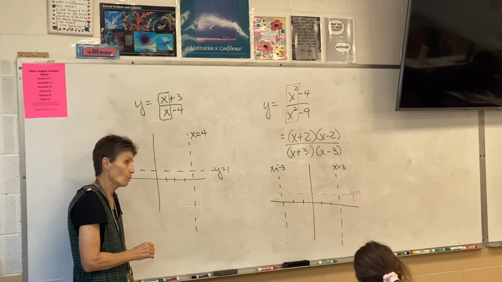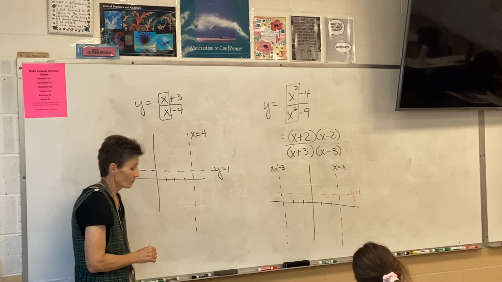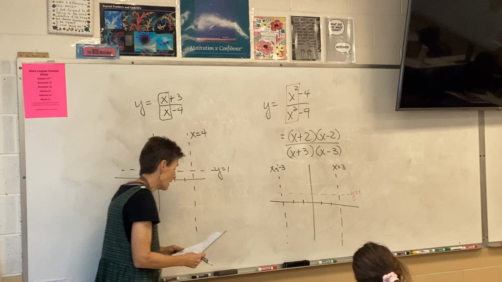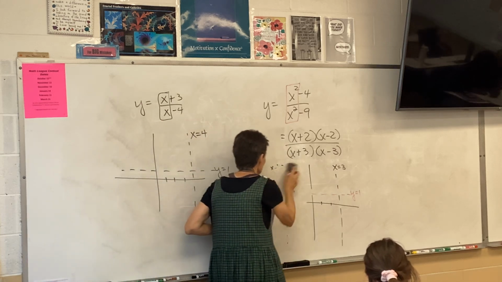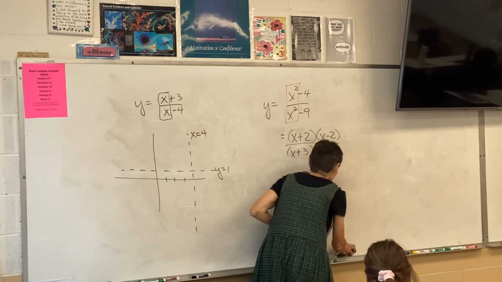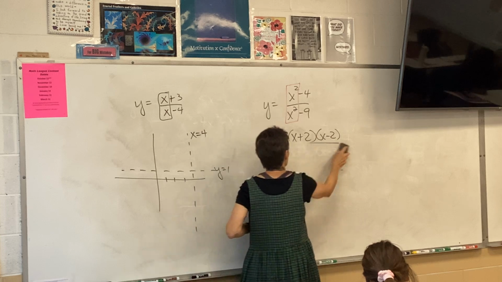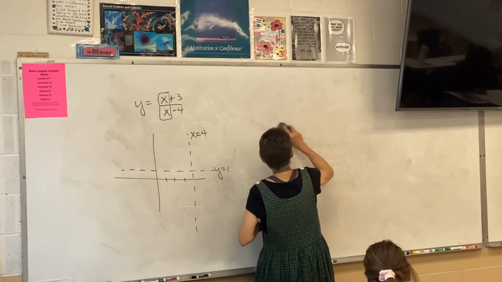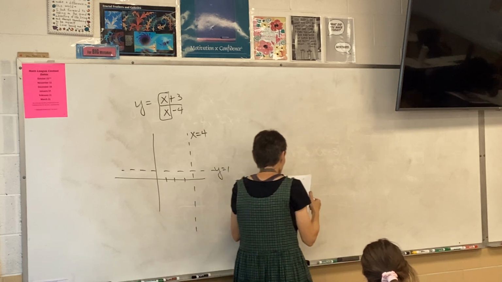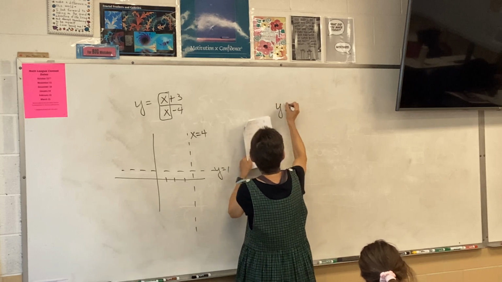Remember, we're working our way toward graphing the whole thing. Now, D is equally easy, but I wanted to make sure you understand that you can have asymptotes that are fractions.